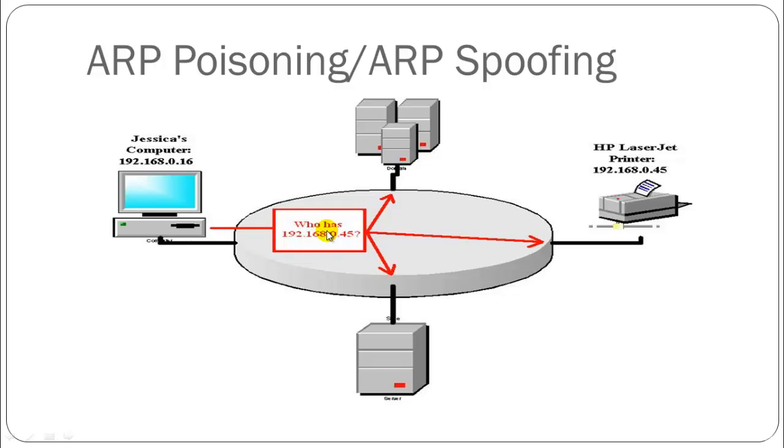So when an incoming packet destined for, let's say, a host machine on a particular local area network arrives at a gateway, the gateway asks the ARP program to find the physical host or MAC address that matches the IP address. As you can see in the diagram over here, it's asking who has the IP address 192.168.0.45. It's asking all three of these computers, because these three are on the LAN right now.